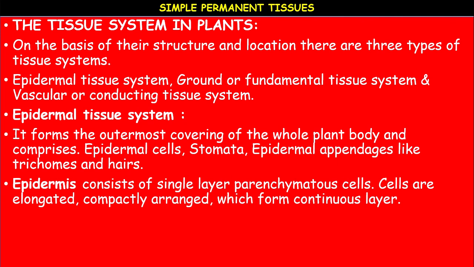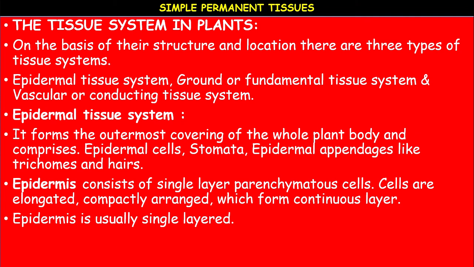The epidermis consists of a single layer of parenchymatous cells. The cells are elongated and compactly, meaning very tightly, arranged, forming a continuous layer.